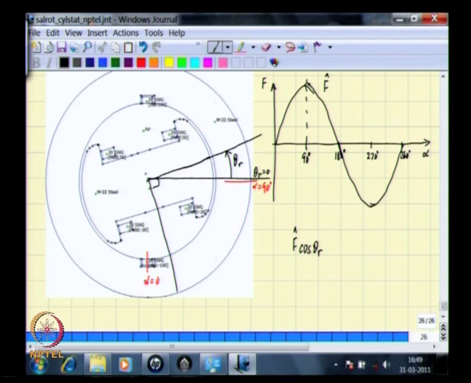And that part lying along this axis, the interpolar axis, will then be f hat sin theta r. We will call this axis, which lies along the pole face, the direct axis.